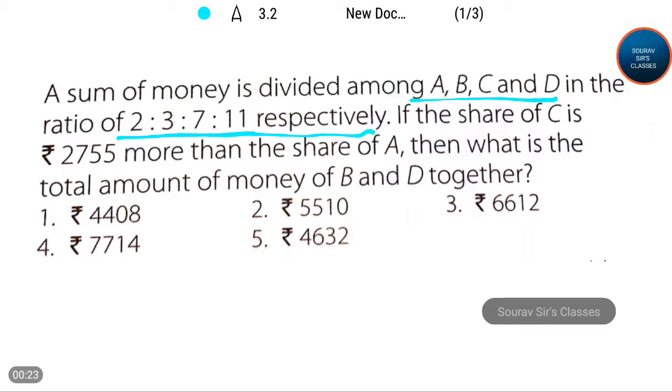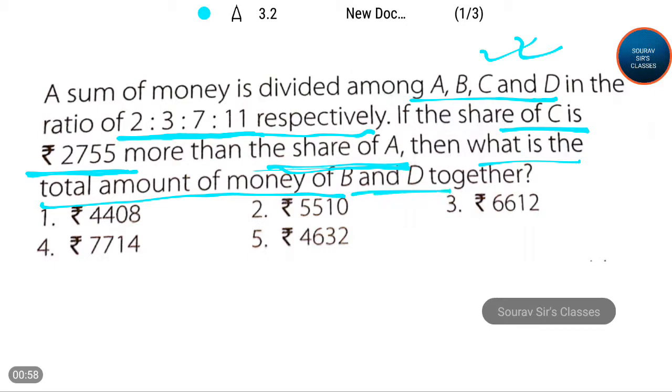So the ratio of money that is divided among A, B, C and D is given, that is 2 is to 3 is to 7 is to 11. Now, if the share of C is rupees 2755 more than the share of A, then we have to find out what is the total amount of money of B and D together.